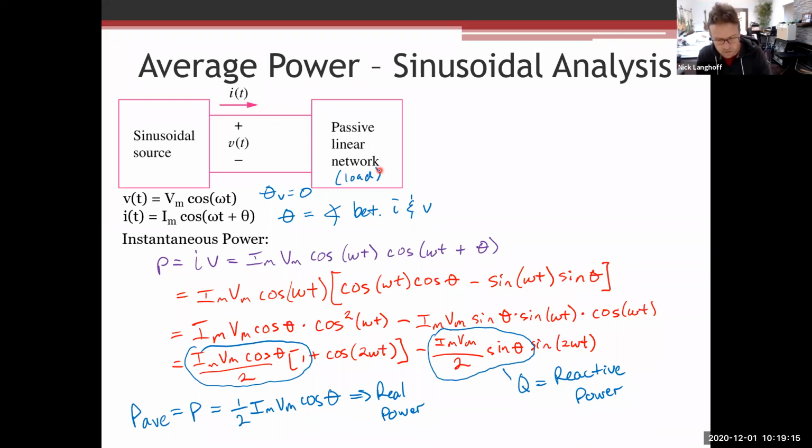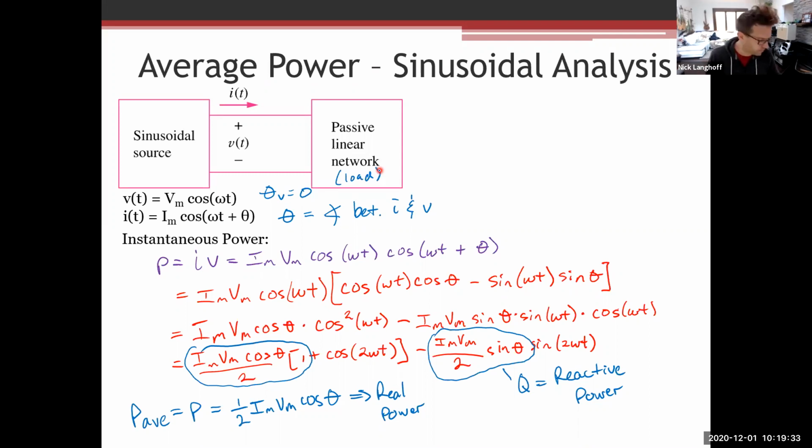As we go through the lesson further, we'll develop some more tools to look at how real and reactive power are related, and something called apparent power and effective power. We'll come to all those things shortly.